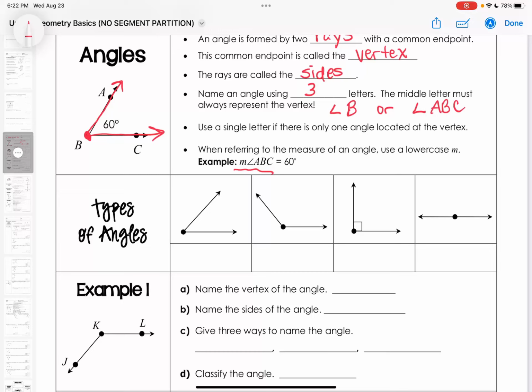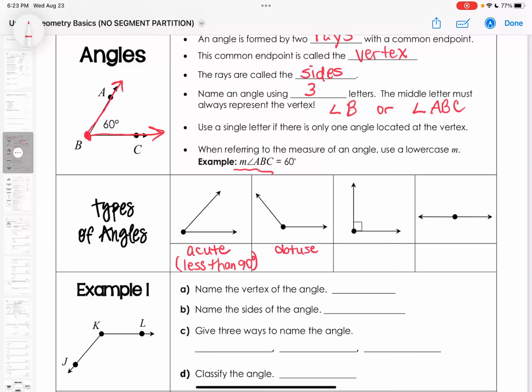Now, you can probably remember some of these from before. Elementary school, junior high, whatever, I'm not sure exactly when they talk about all of them. But the different types of angles, we have acute. Those are less than 90. Then this one is obtuse, much bigger angle there.